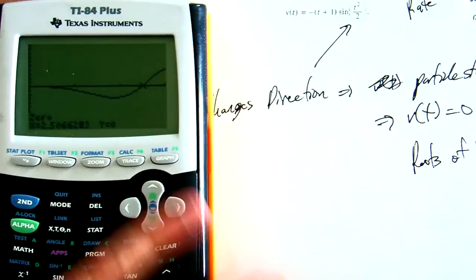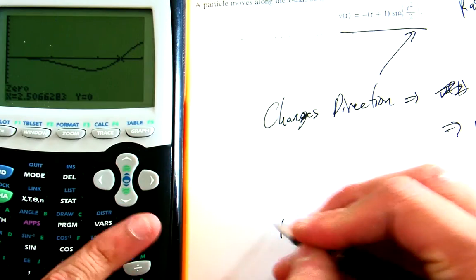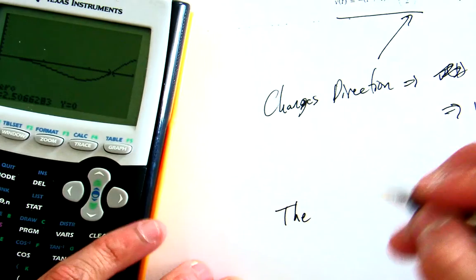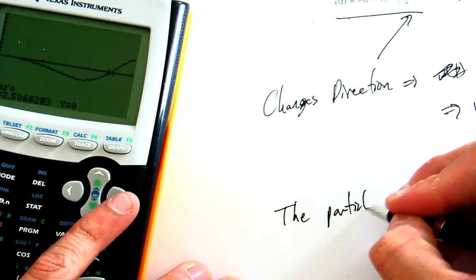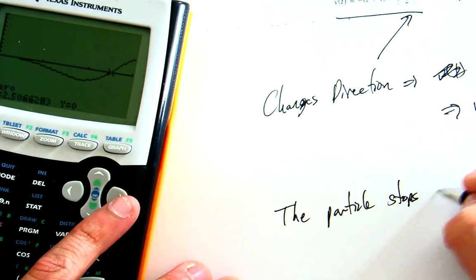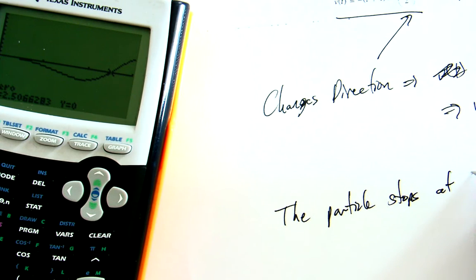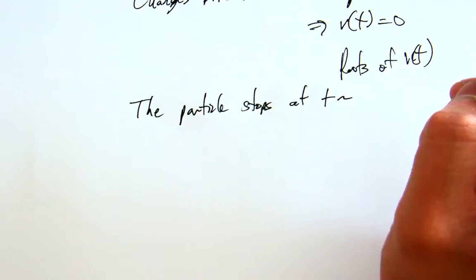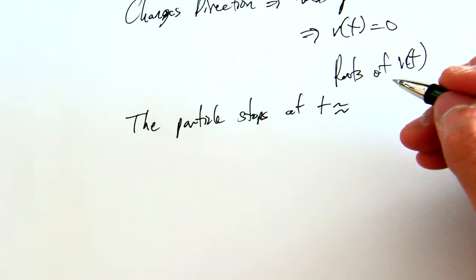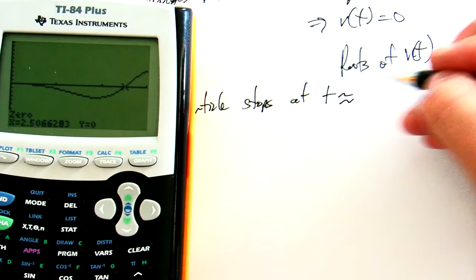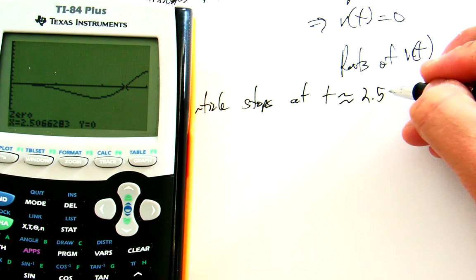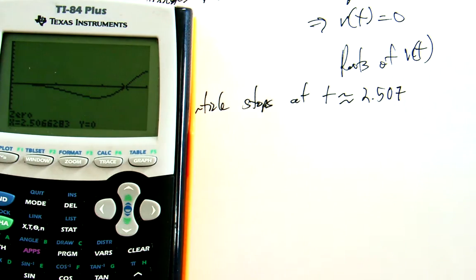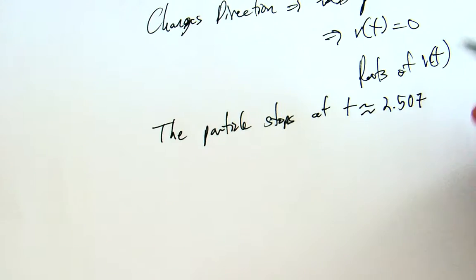So the particle stops at t approximately 2.507.